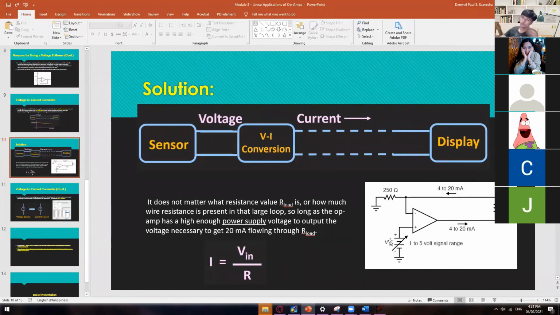But we have another two types wherein it's really usable, the ones that we're using in industry. So we have the floating load and then the ground load. So I would like you guys to search on those schematics, and then do it as your laboratory number 11.